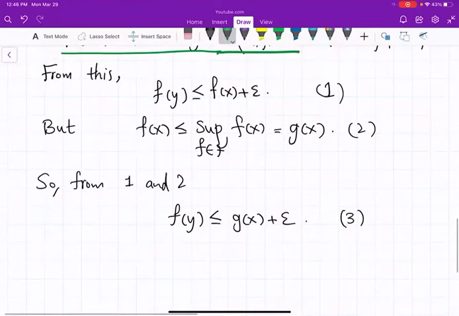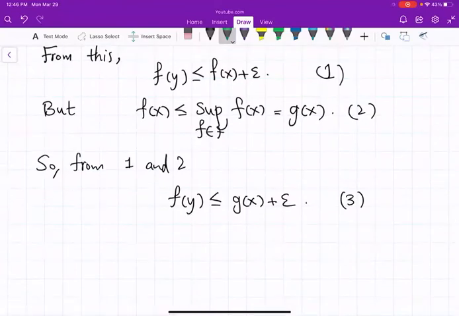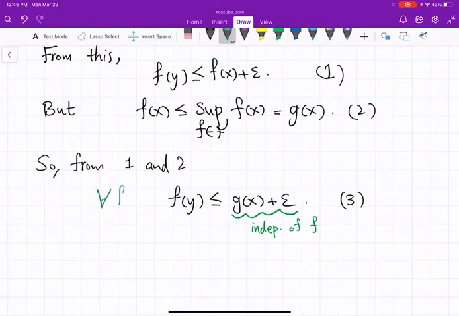Now here we have something. This side is a quantity independent of little f. There is no f in it. We have considered all f's and taken supremum. So this quantity per se is not technically dependent on any f. So we have this for every f from my family.